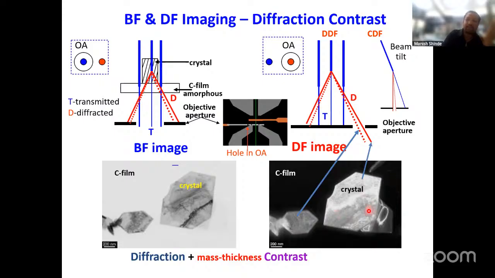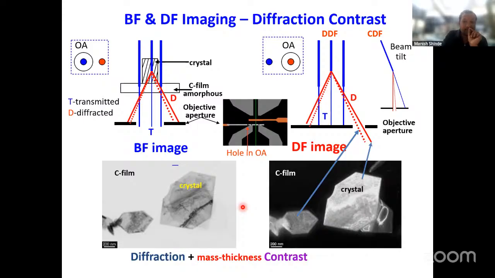Or if your sample is, say, some metal in some polymer, and you want to know the distribution of metal in that polymer, then dark field imaging is good. In all other cases, bright field imaging is sufficient. So remember, bright field imaging, background is bright, sample is dark. Dark field imaging, background is dark, sample is bright.